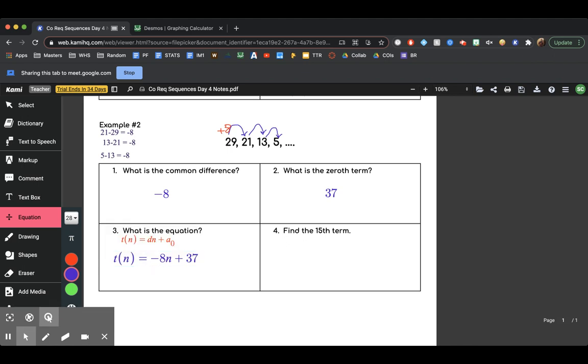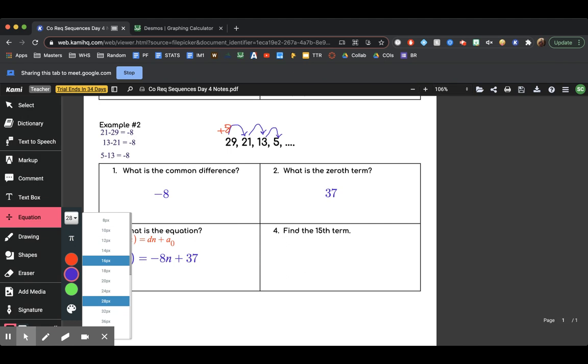All right, that takes us to question 4 on this second example. It says find the 15th term. Again, we're going to take our equation and replace what we already know.